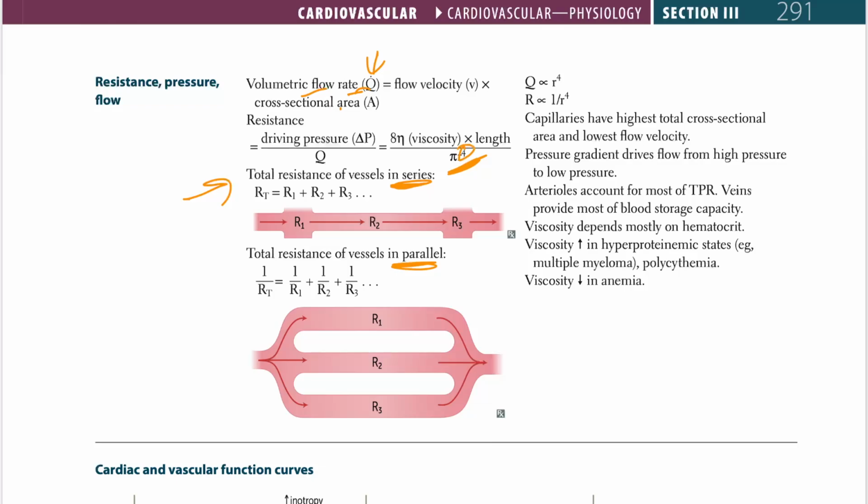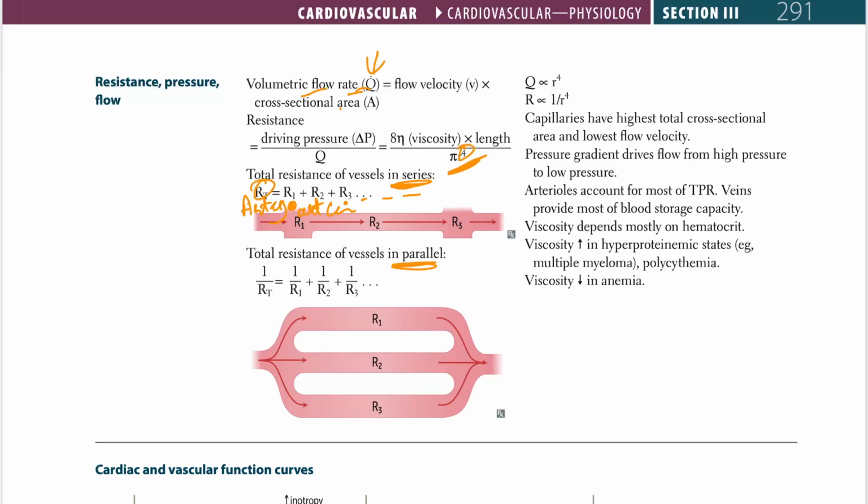This is basically your, let's say, aorta, or this is an artery. Let's just talk about it this way. So you have, let's say, one artery here. The second one is your arterioles. The third is going to be your capillaries, and so on.